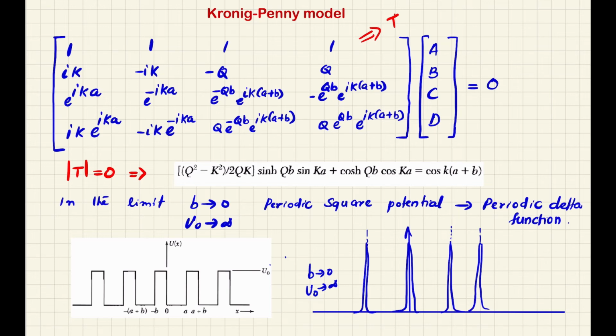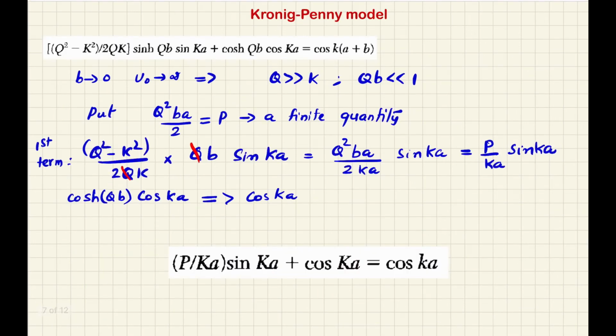By these two arguments, b tends to 0 and U0 tends to infinity, you also fix q squared b a by 2 as a finite quantity, which we put as P. This remains finite. Now you have to apply these limits, b equal to 0 and U0 equal to infinity.